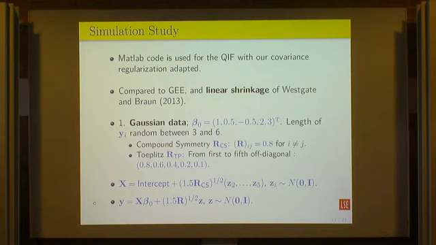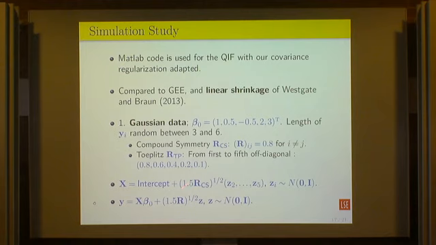The true correlation structure is compound symmetry, so the diagonal value will be 1 and the off-diagonal will be 0.8. So very highly correlated observations basically. We also look at a Toeplitz matrix. So one example is compound symmetry, one example is Toeplitz. Toeplitz basically means the off-diagonal values along each diagonal are the same, ranging from 0.8 to 0.1.